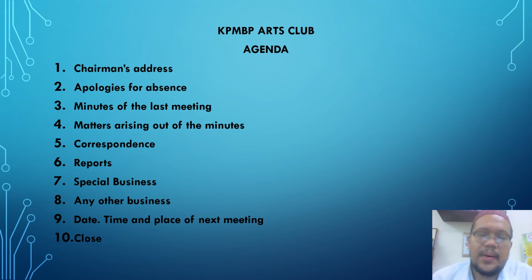Or maybe the secretary wants to announce the summons or penalty that the organization got from another person. All right, so it's basically documentation that is important to be informed to all the members. If they don't have correspondence, then you don't need to put it in the agenda. Again, it is optional, like matters arising out of minutes.